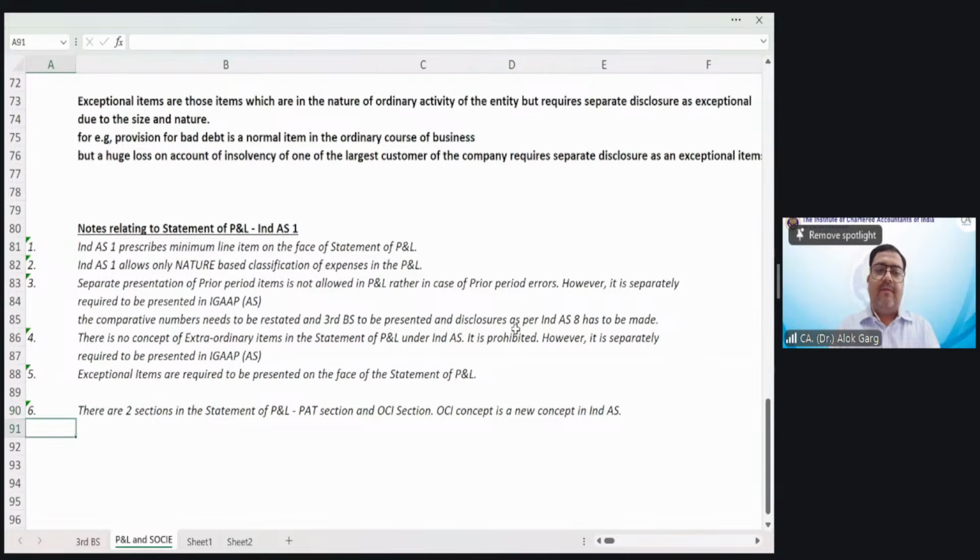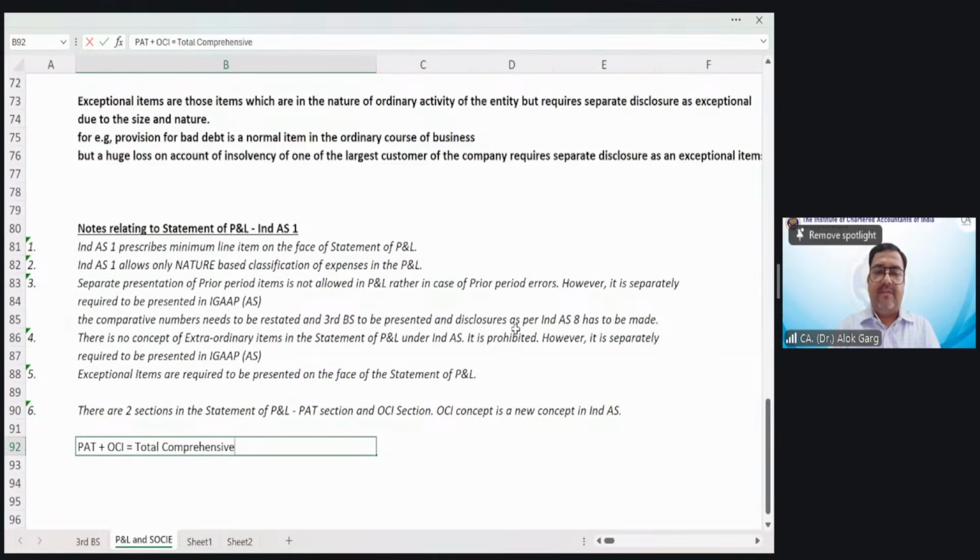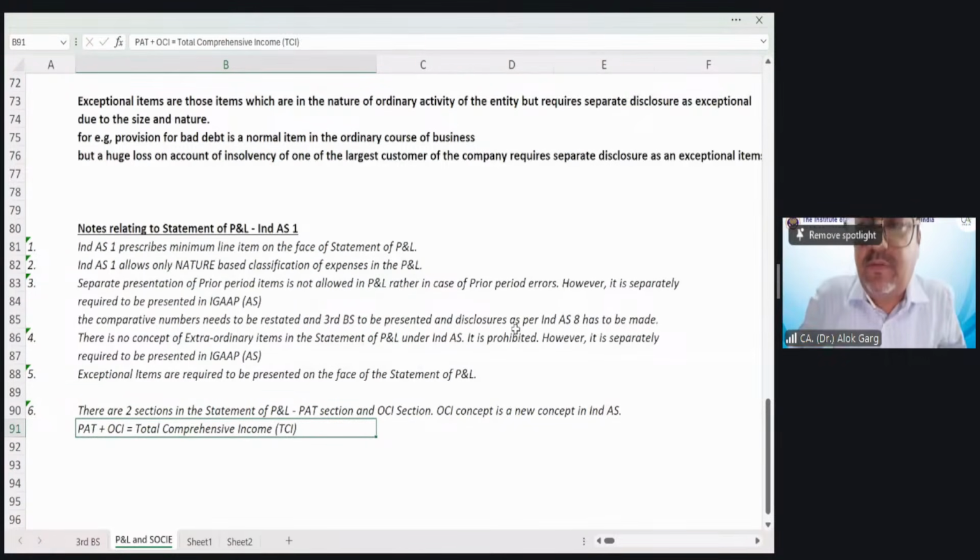So friends, PAT plus OCI is equal to total comprehensive income, TCI.